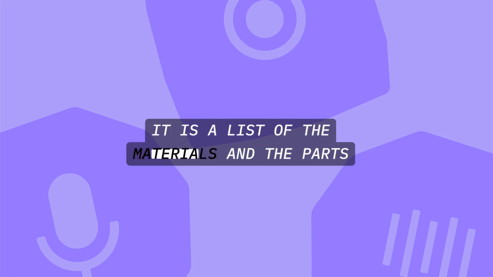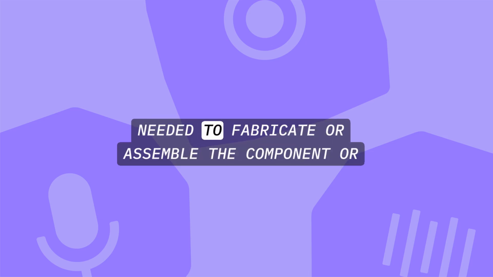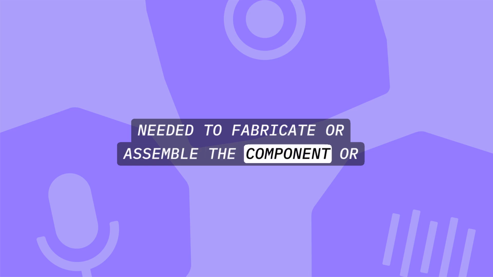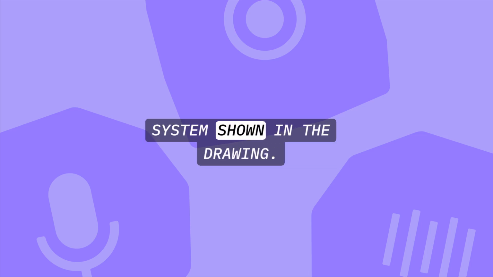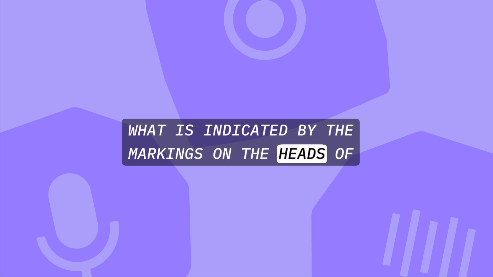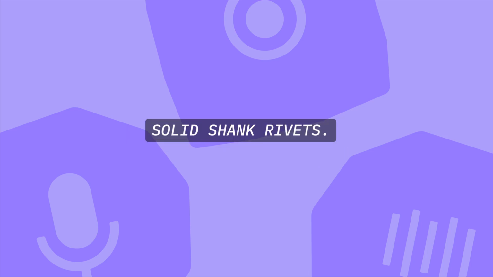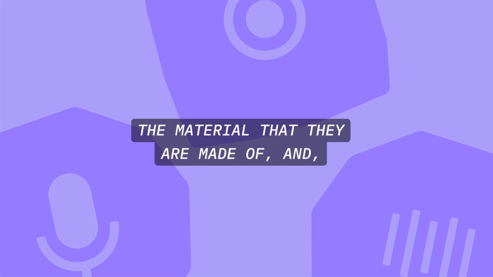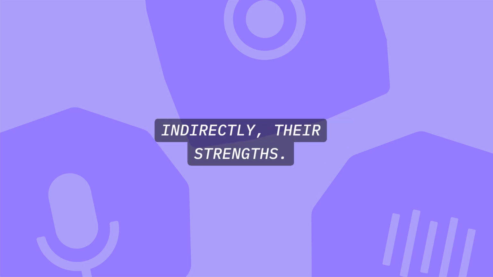It is a list of the materials and the parts needed to fabricate or assemble the component or system shown in the drawing. What is indicated by the markings on the heads of solid shank rivets? The material that they are made of, and indirectly their strengths.